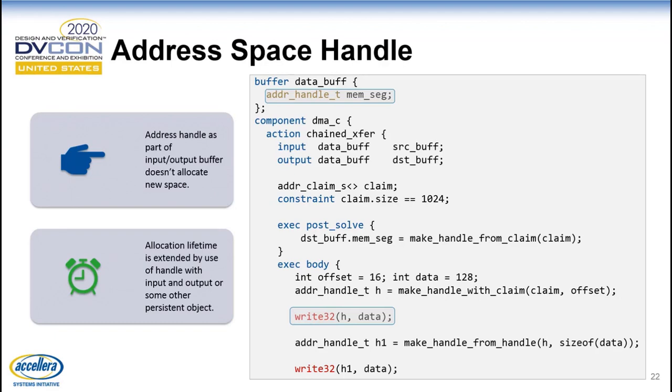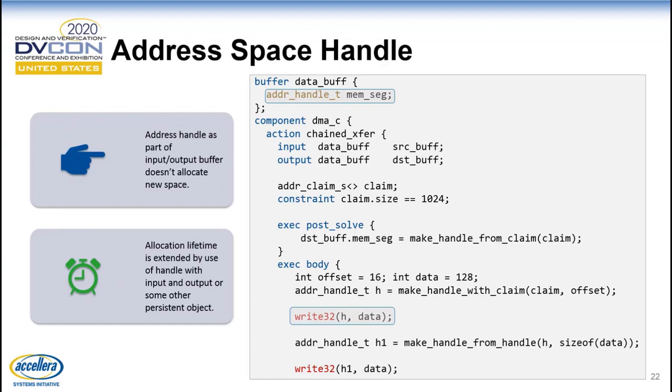So what happened was this action is taking a source buffer as an input, which is a memory that was allocated by somebody else. It doesn't care. It needs just a handle. And it's allocating some memory and passing the handle through the output. And that's how the lifetime of the memory claim here gets extended to the action that's going to consume it.